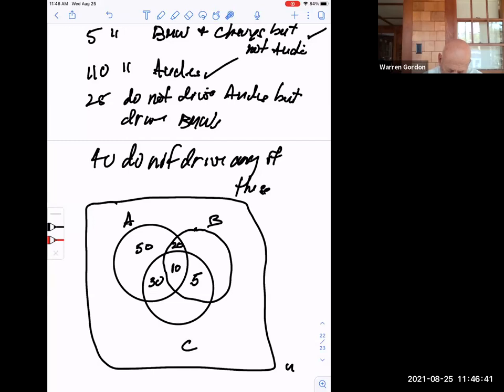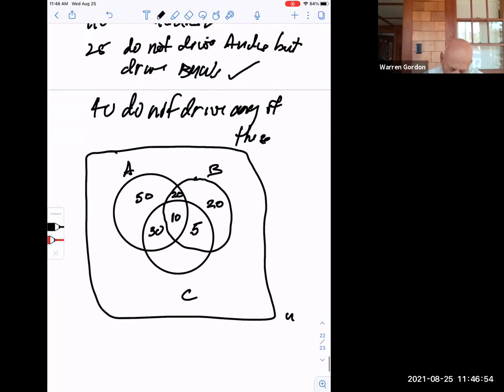Well, I'm out of the A circle and in B, this whole group here must be 25. I already have 5. So what's left is 20. And 40 don't drive any of these cars. Okay. So notice everything is filled except this region right here.